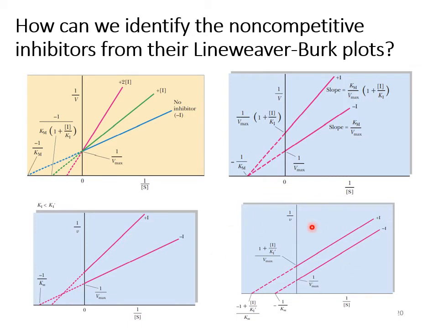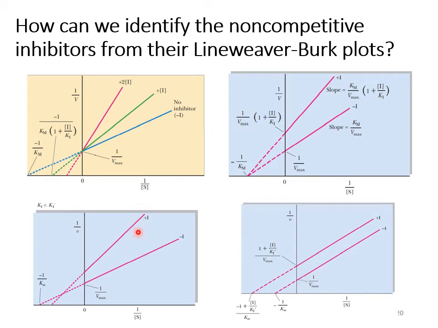And then the very last one is usually the easiest to spot right away because you don't have to look for any intersection. This is the uncompetitive inhibitor. If two lines are parallel on a Lineweaver-Burk plot, that tells you it is uncompetitive inhibition in that reaction. So, parallel on the Lineweaver-Burk plot.